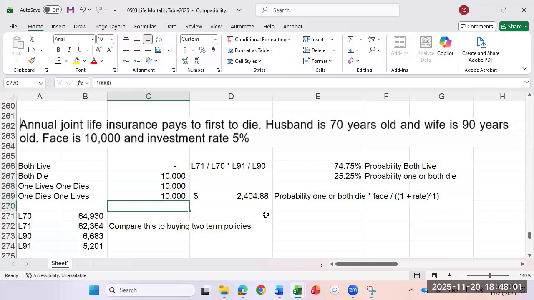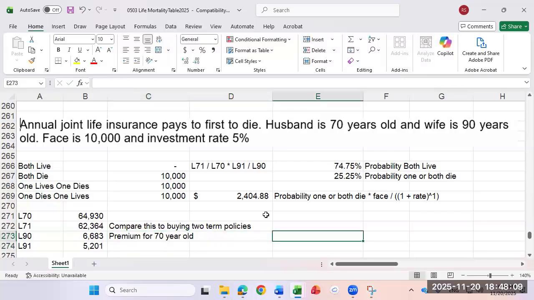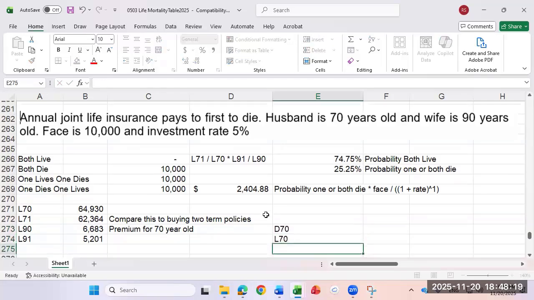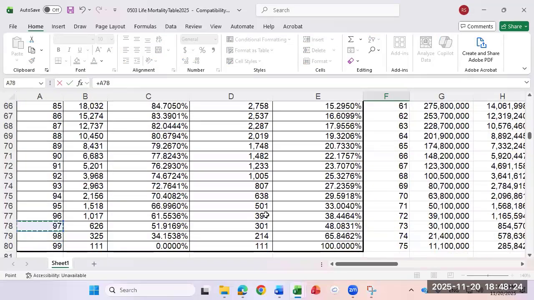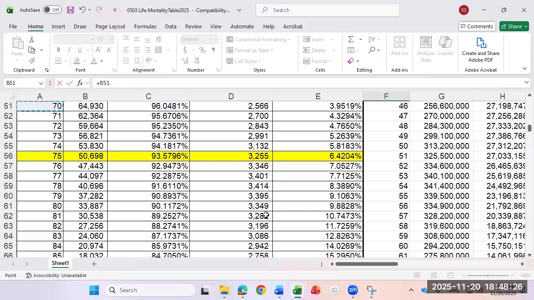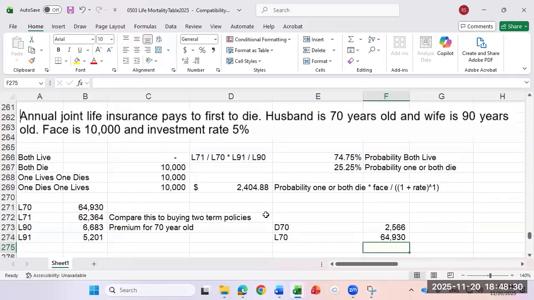All right. Let's do the premium. So the premium for the 70-year-old, what is that going to be? We're going to take D70 and L70. So remember, you take D70. You already have L70.